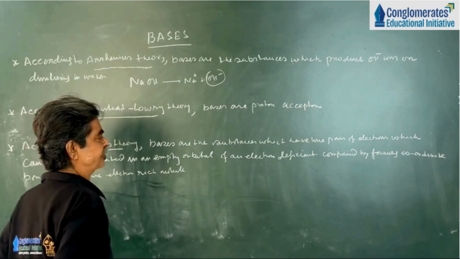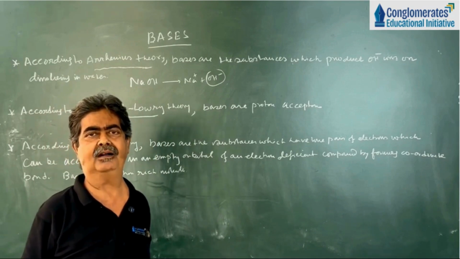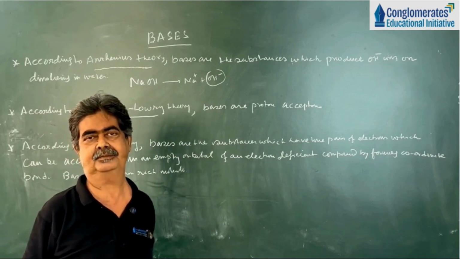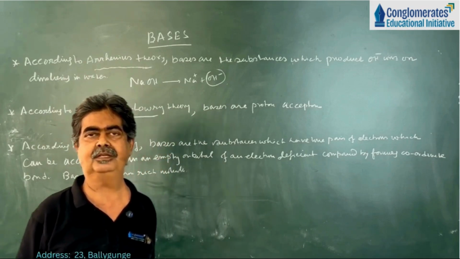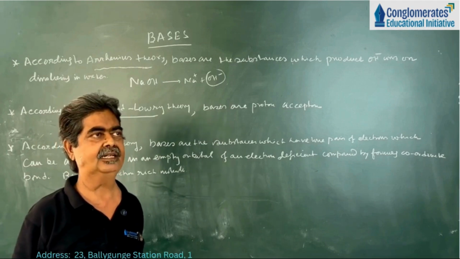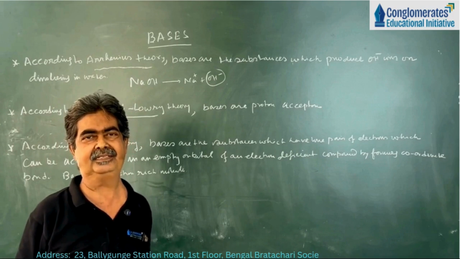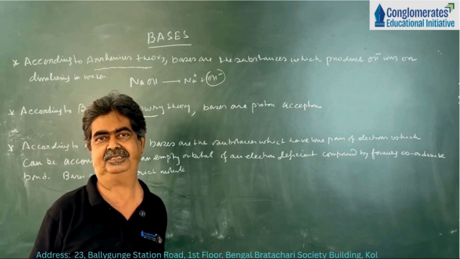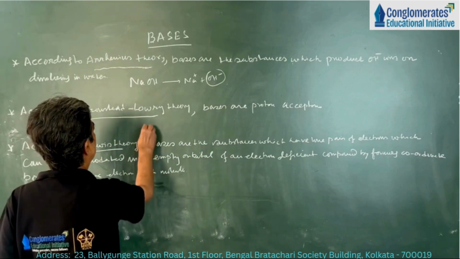Second is Bronsted-Lowry theory. According to Bronsted-Lowry theory, bases are proton acceptors. As we know, in the previous classes I have discussed the acidic property or acids. According to Bronsted-Lowry theory, acids are proton donors, but here bases are proton acceptors. For example, ammonia, NH3.